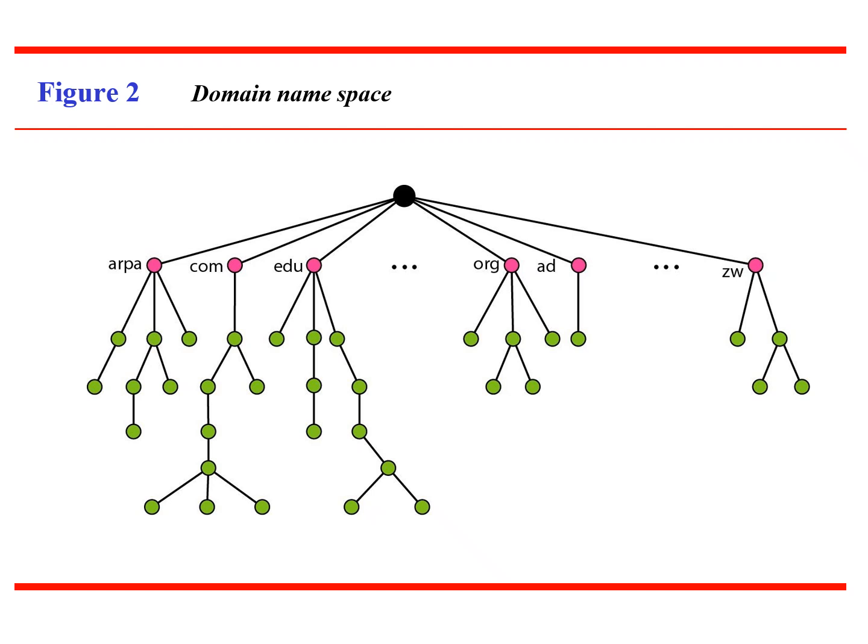Here in this slide we have a diagrammatic representation of a domain namespace. Here we have a single root, and under the root we have a number of labels, like arpa, .com, .edu, .org, and country codes, etc. We'll study them one by one in the coming slides.